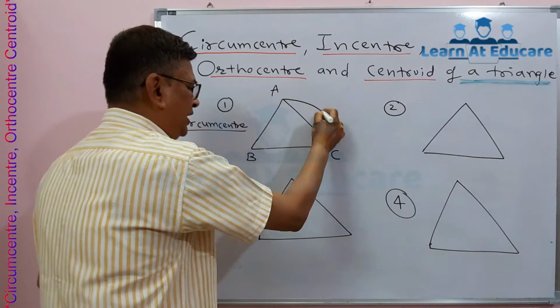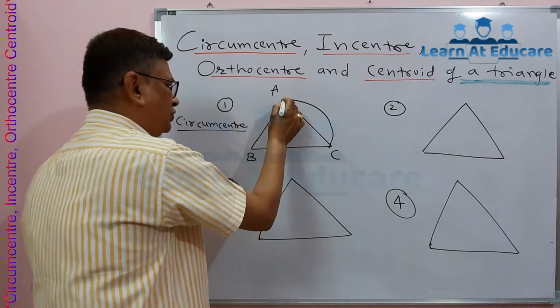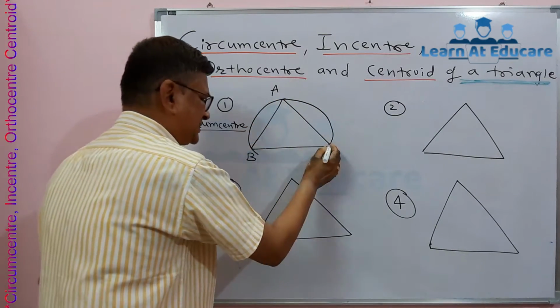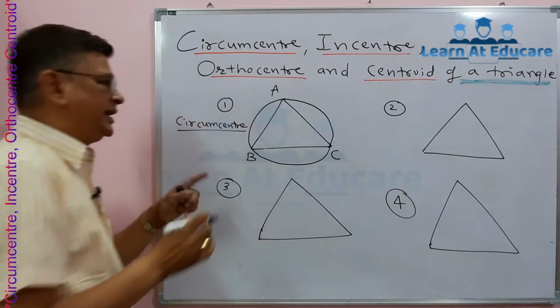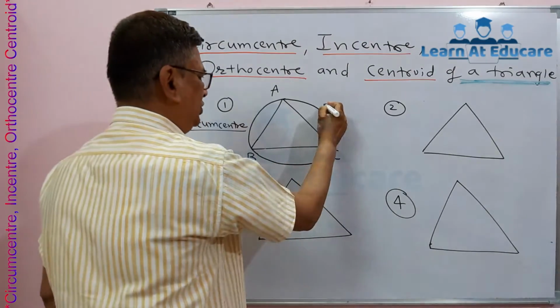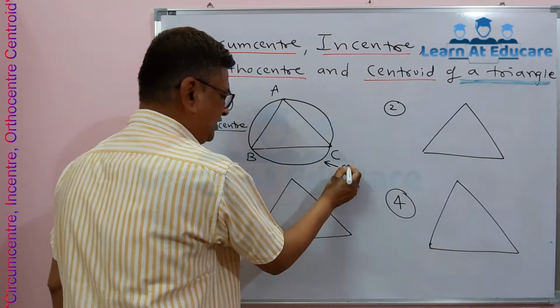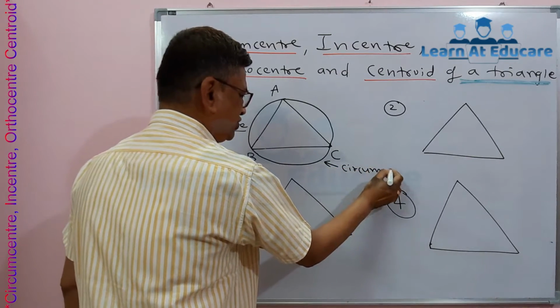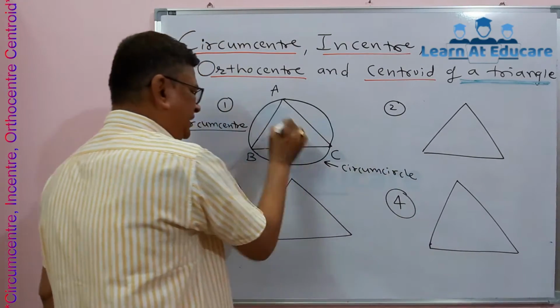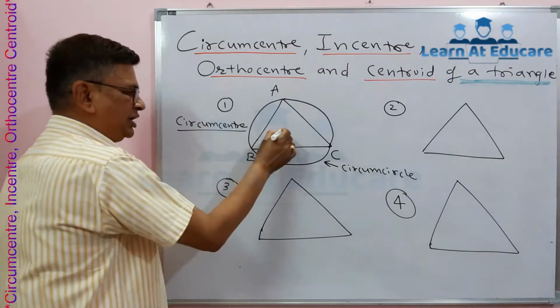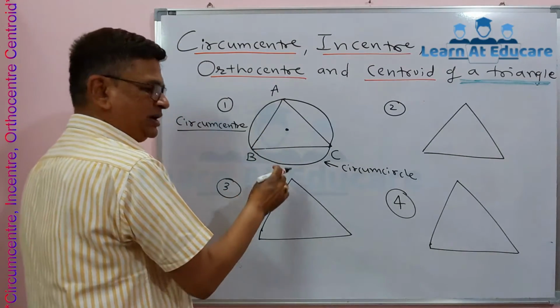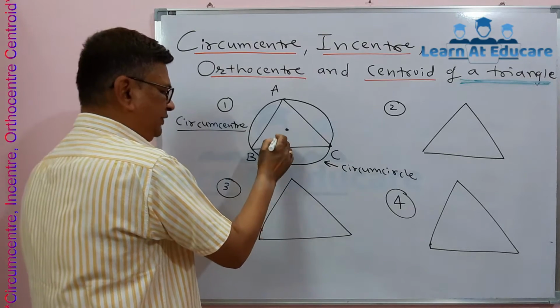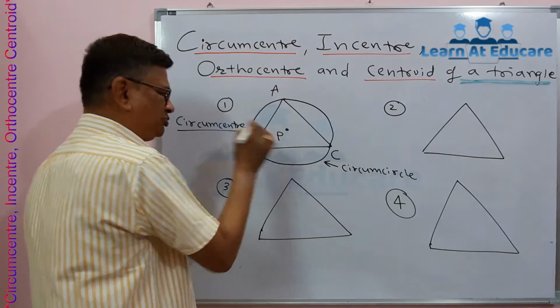I am drawing a rough figure, that circle which passes through all 3 vertices of a triangle is called the circumcircle, and its center is called the circumcenter. Suppose that circumcenter I denote here by point P.